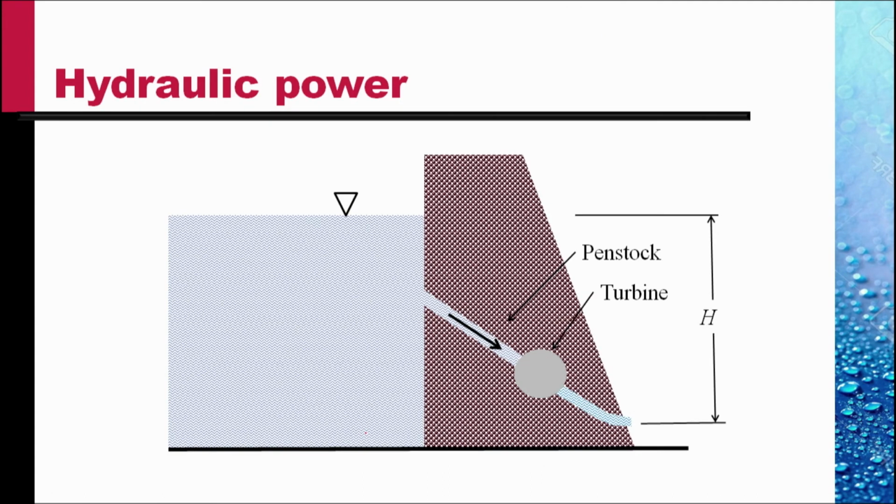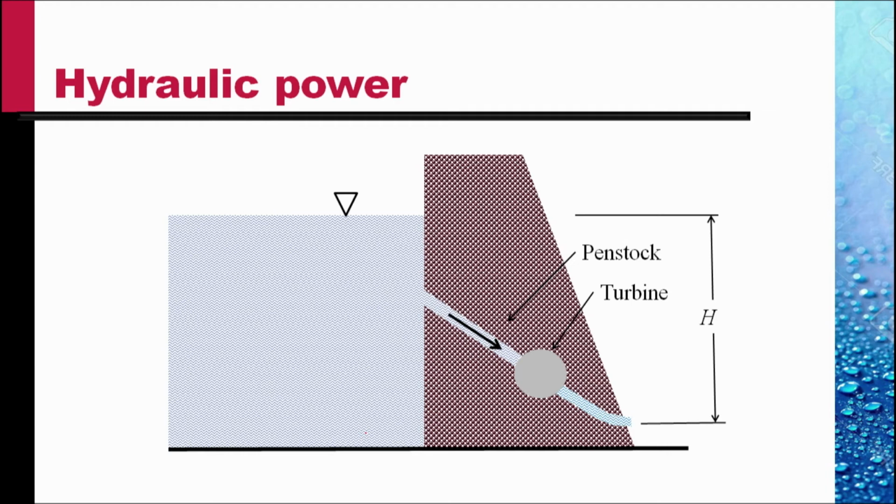Let's take another example. It concerns a hydroelectric project where the water is stored up behind a dam. That water is directed through a tube or a pipe or a channel known as penstock to a turbine.